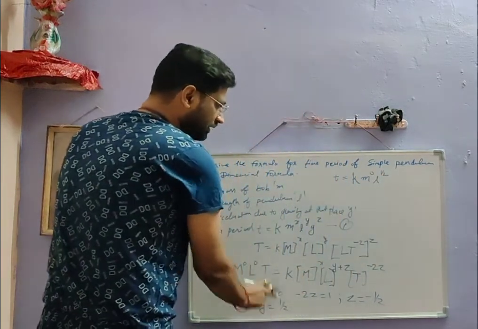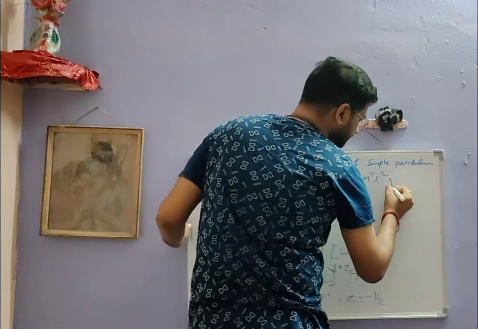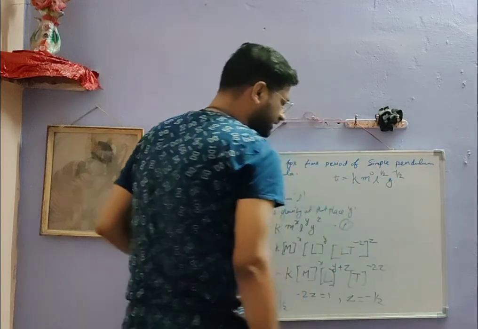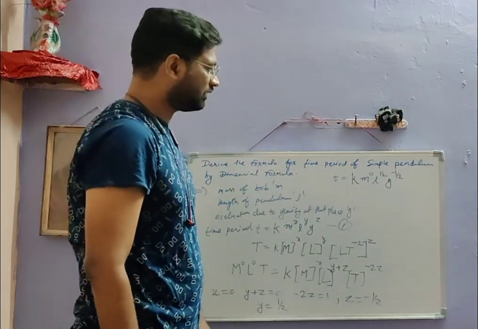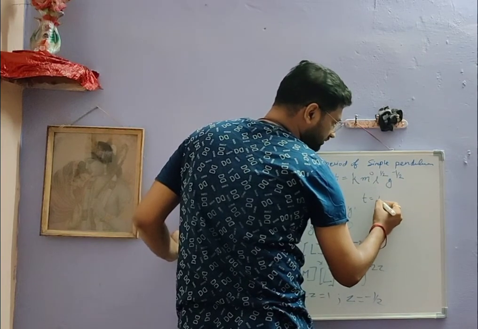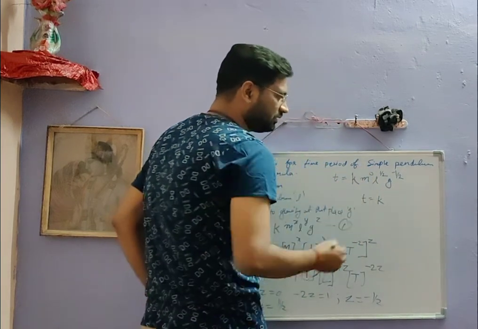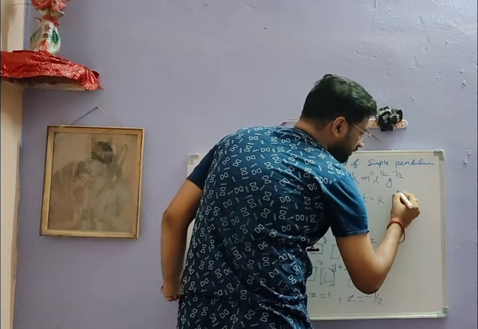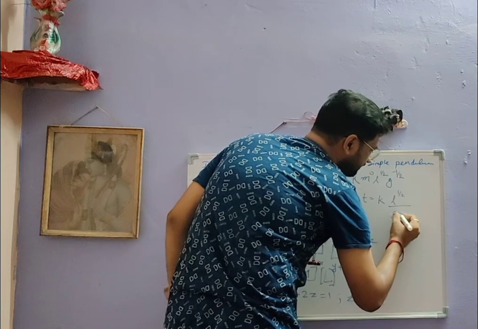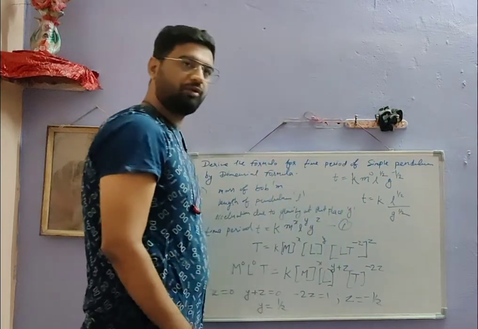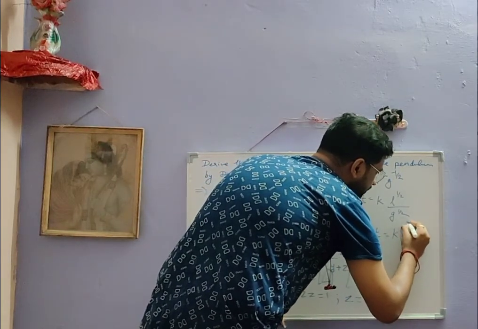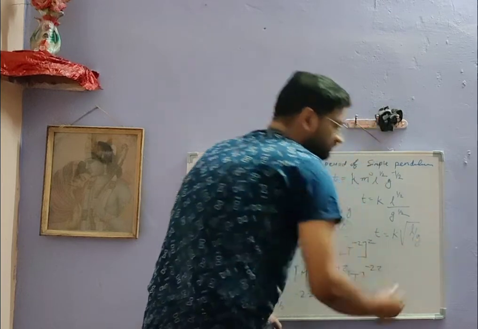Okay, and last one is g to the power z, and value of z is minus 1 by 2. Okay, so overall time period T is equal to k, m to the power 0 is equal to 1, L to the power 1 by 2. This is minus, so this will go to the downside, G to the power 1 by 2. Overall, T is equal to k root L by G.